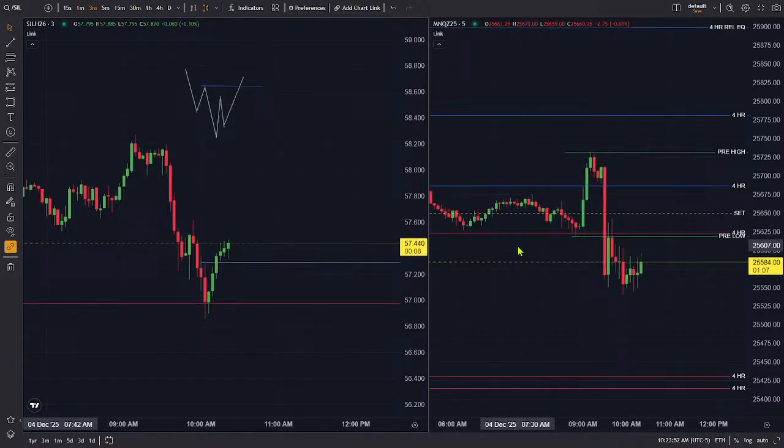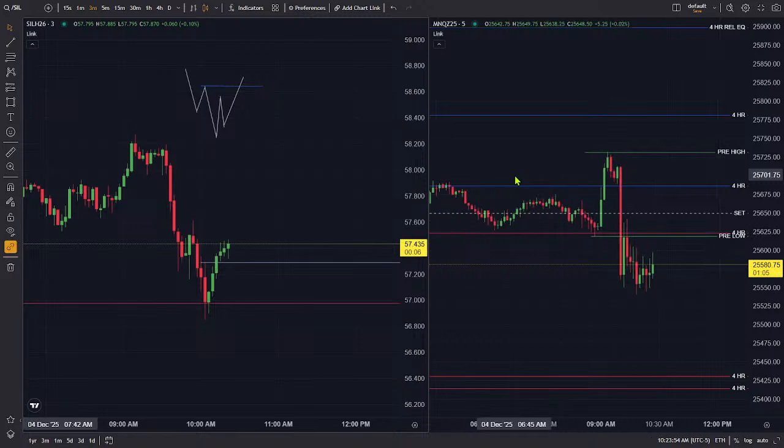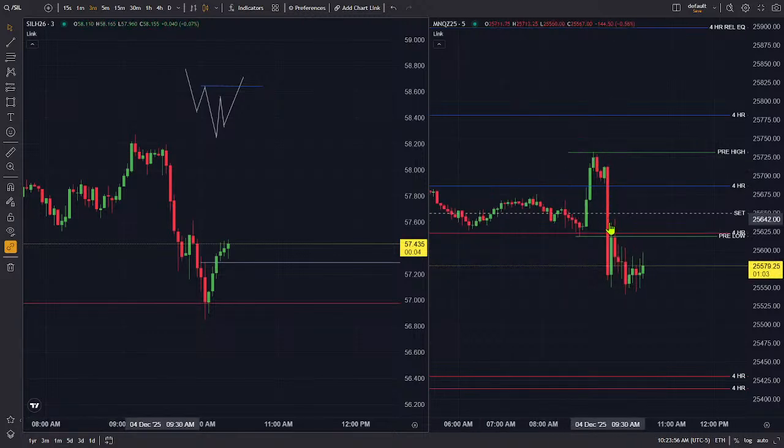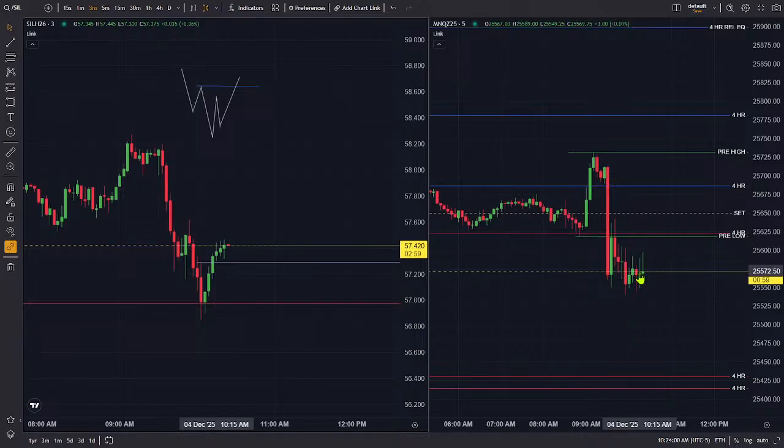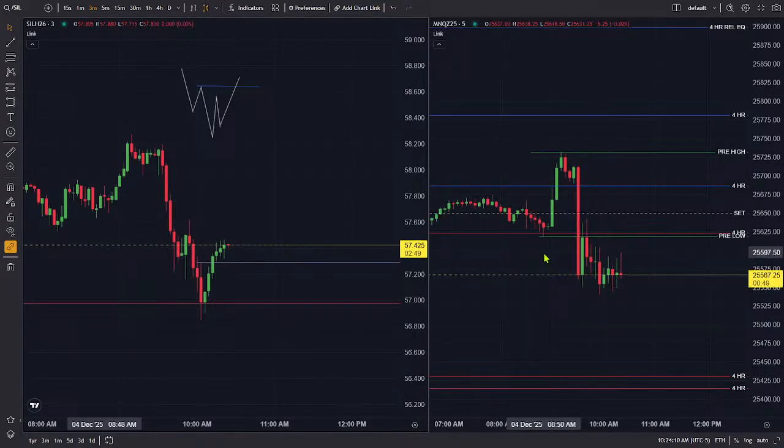So equities, ES came down, took out pre-market low, and then just continued down. It's still continuing down. Where NQ took it, that big push down, and then consolidated for a good while.